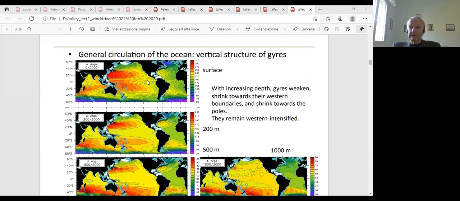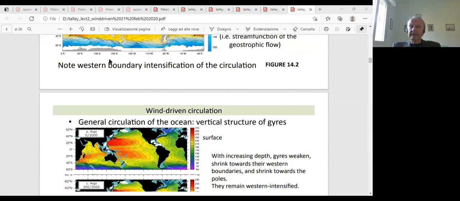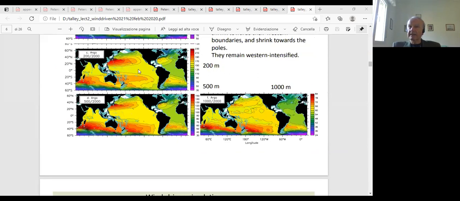If you go deeper, they remain western intensified but they shrink toward the poles. And if you go even deeper, these gyres become more and more shrunk.